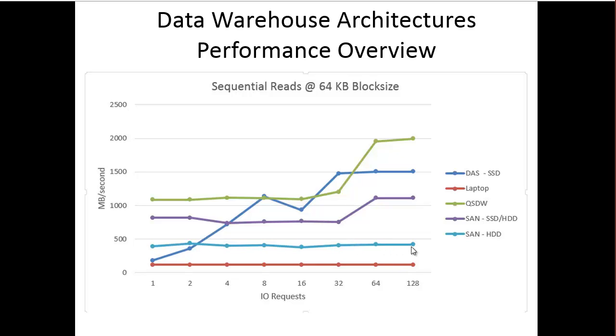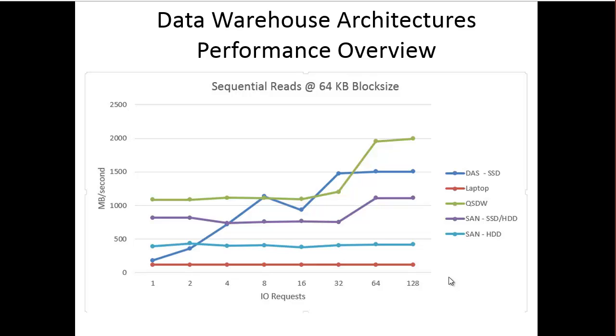The little light blue line here is a SAN that is just supported by hard disk drives, so this would be like a tier 2 SAN situation, about twice as much as your Quick Start in terms of price, and of course your performance is just, well, these solutions are not architected for data warehouse type workloads, for sequential reads and writes, for maximizing throughput. And then, of course, my red line here is my own personal laptop's throughput performance.